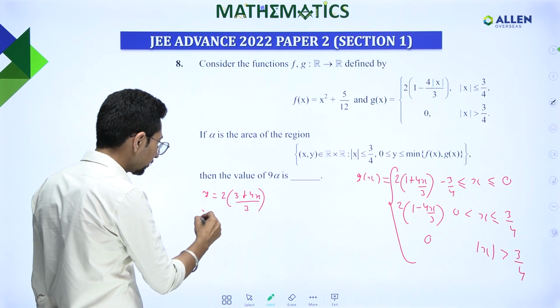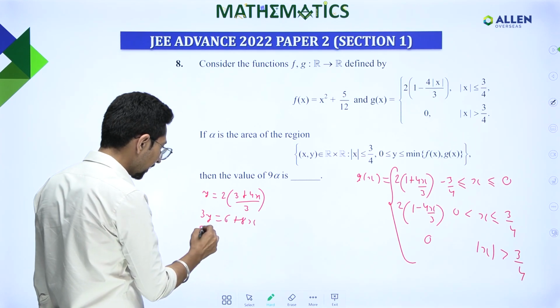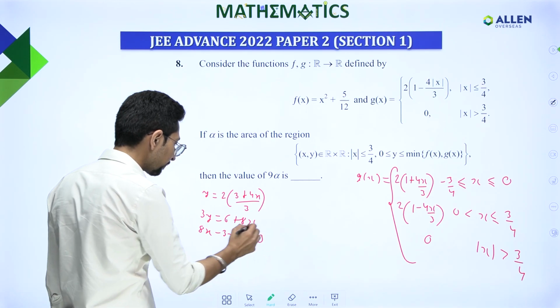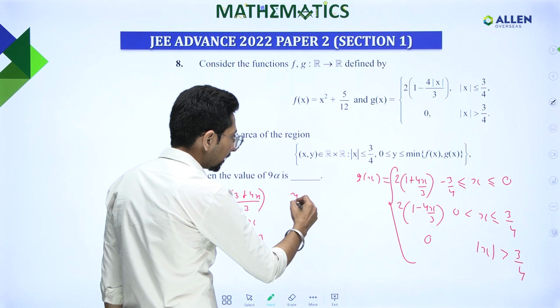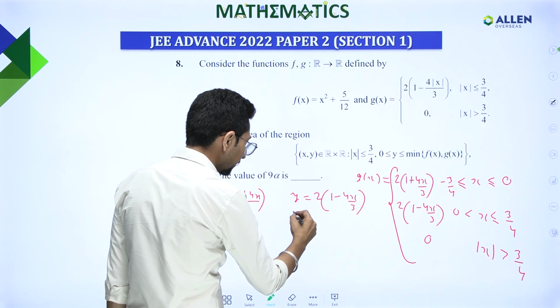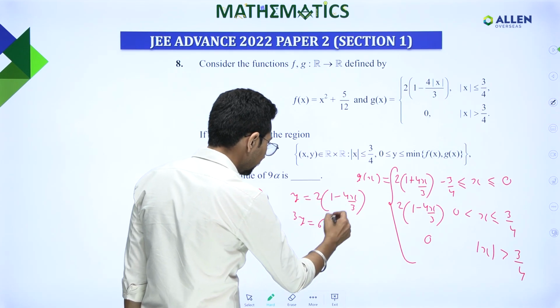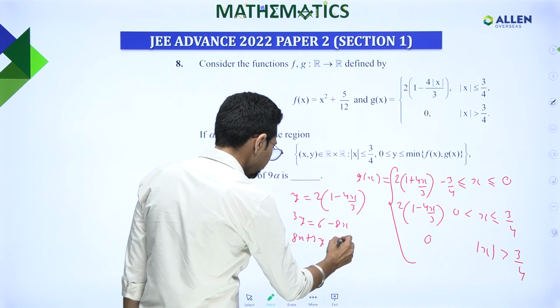So this is the equation 3y is equal to 6 plus 8x, right, which is given by 8x minus 3y plus 6 equals 0. Similarly, one other line will be there, which is given by, let's write the 1 minus 4x by 3. What will this be? 3y equals 6 minus 8x, so 8x plus 3y equals 6.